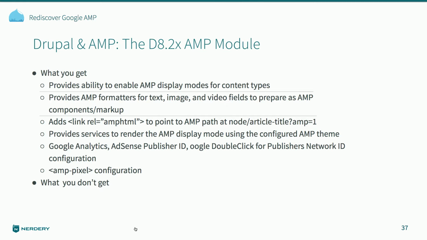So once you configure the display mode, then the module goes ahead and provides a way to add the AMP rel link to your rendered page so that Google can find the amped version of your page. So what happens is you have two versions of your content. You've got the node/1 article page, if you will.